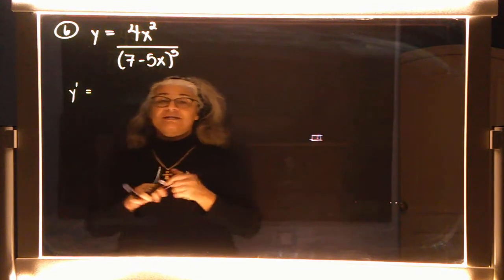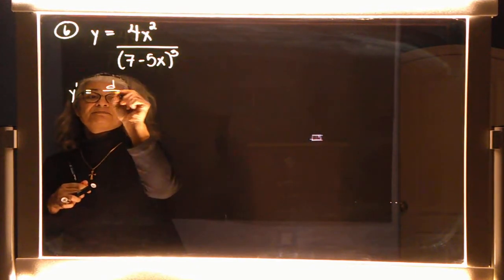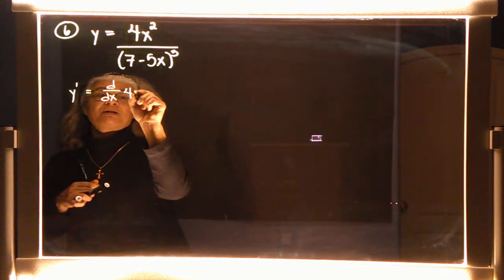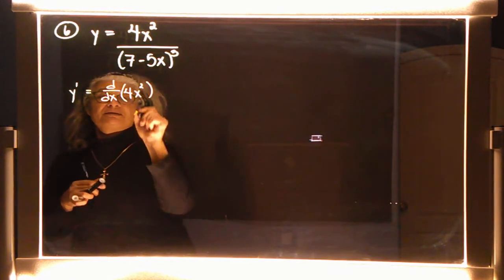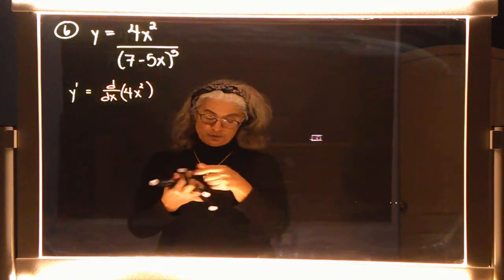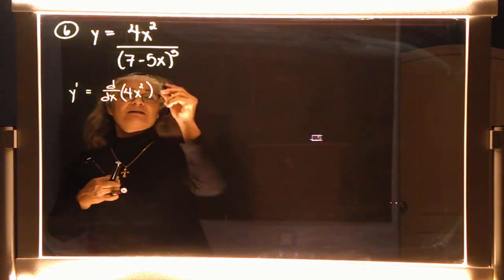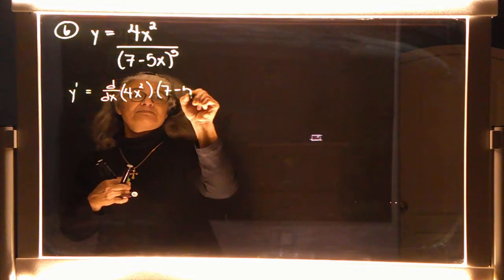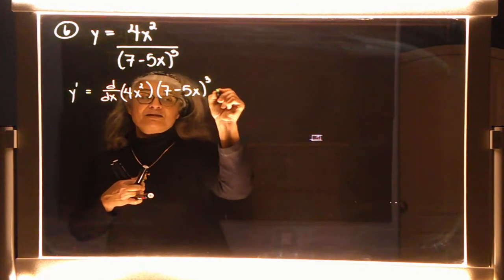Yeah, we take the derivative of the numerator, which is 4x squared, and we multiply this by the denominator, and then we subtract.